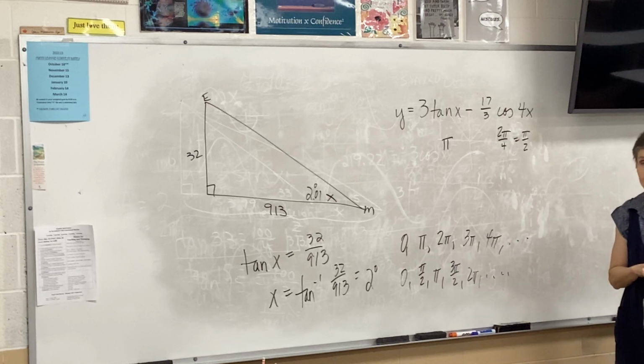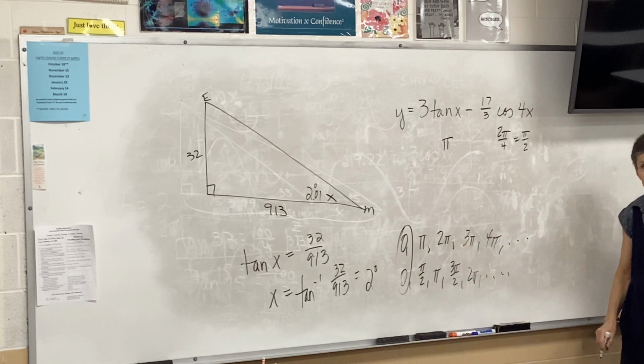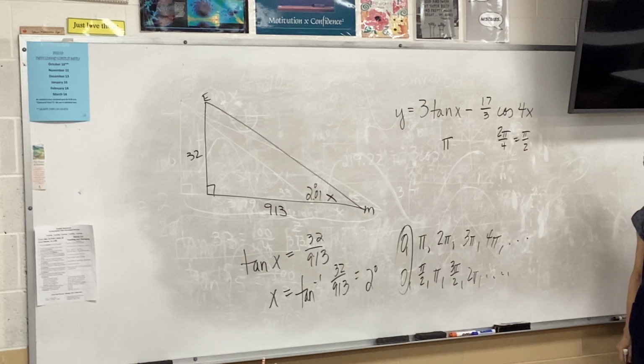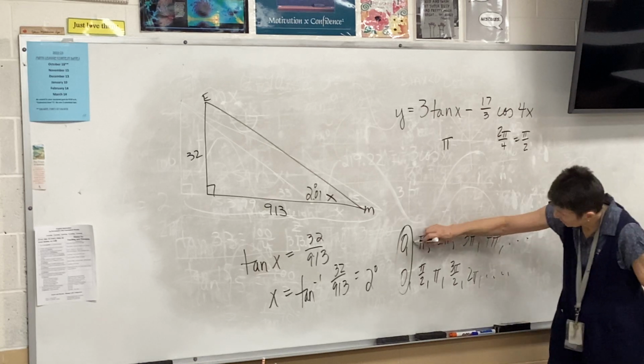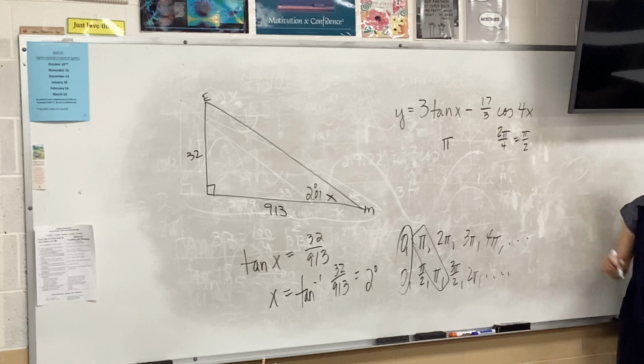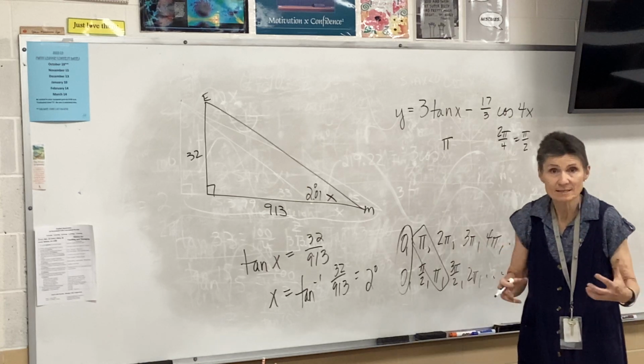The first time, see how they're both lined up at 0? The first time they're both lined up again is the period of the difference. So the first time they're both lined up again, it looks like right here. So the period of that thing is pi. They're both starting over at exactly the same place at pi.